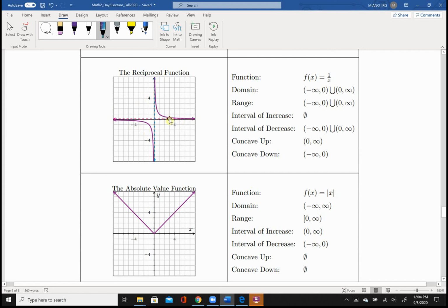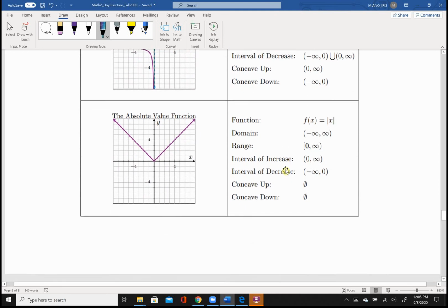So that means the trajectories will not be crossing the x or the y axis ever. So there's no intercepts. The domain and the range have this little hole at 0. It is never increasing, always decreasing, but of course we have to leave out the point at 0. Yeah, and then the concave up, concave down areas are listed here.